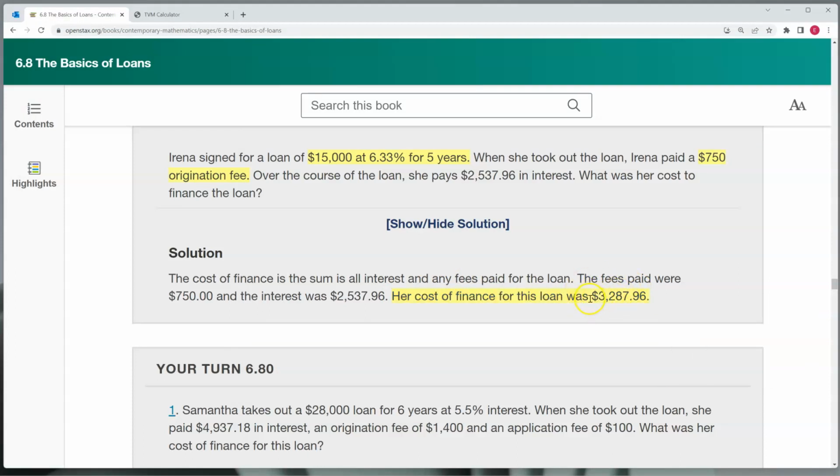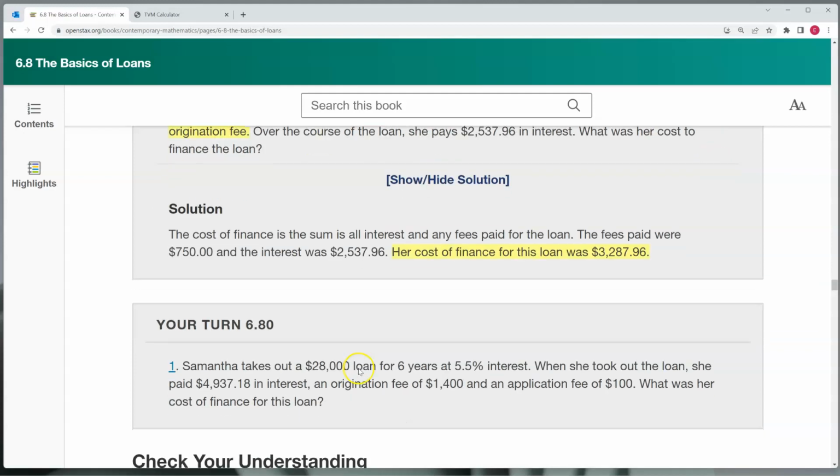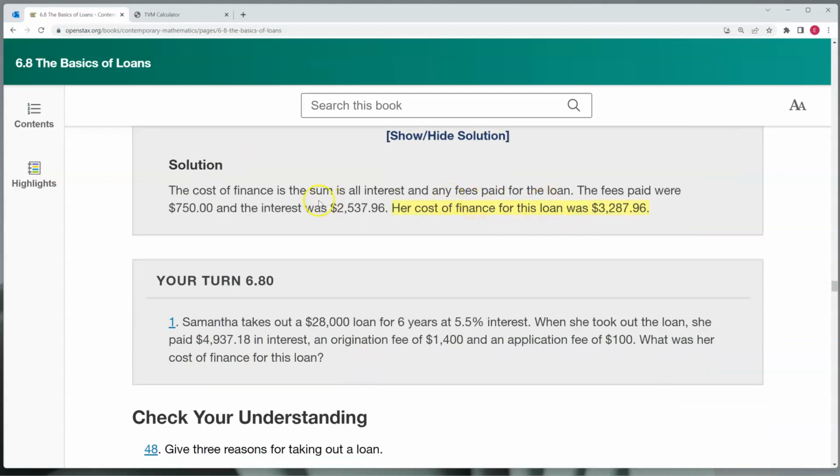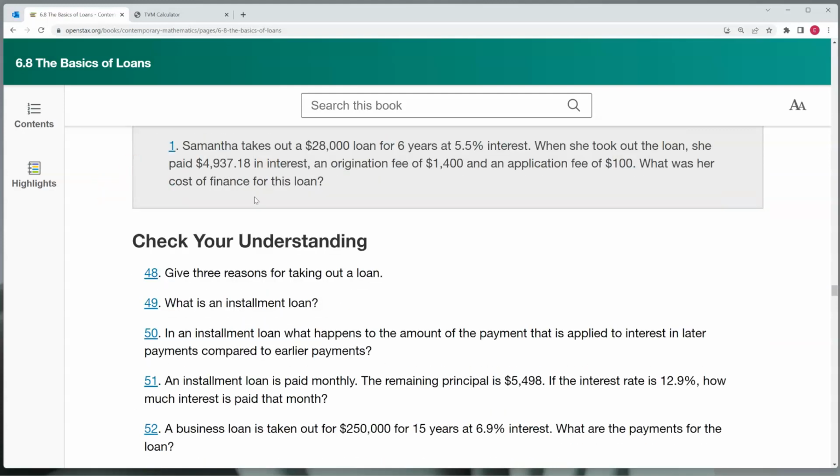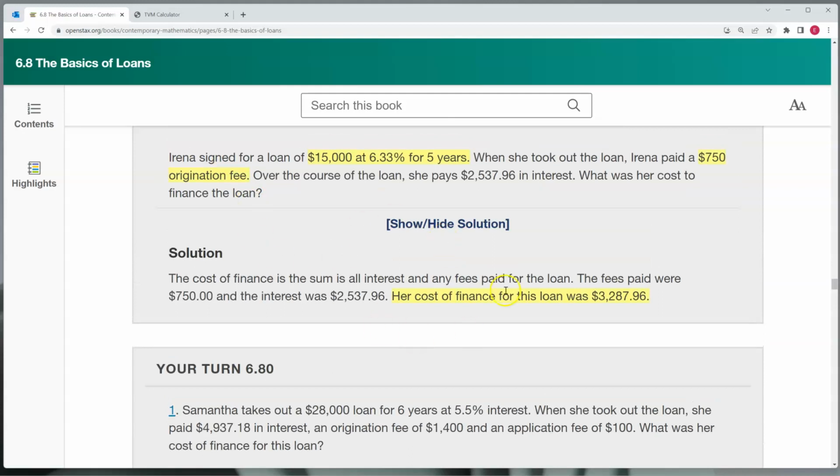It's true that she's paid $3,000 above what she borrowed, but she still had to pay back the $15,000 too. So what it's really talking about is the origination fee plus the interest would give you, quote unquote, the cost of finance. But that is undermining the true impact of the $18,000 that it really cost for the $15,000 loan.